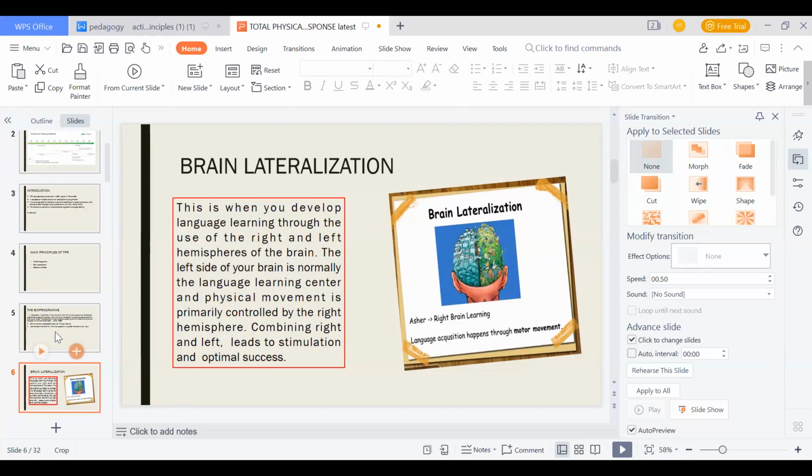Because the left hemisphere is for language learning, the right hemisphere is for physical activities. So you learn the language through physical activities, then the two hemispheres are combined. Once the two hemispheres are combined, it leads to better language learning. That is what is meant by brain lateralization. Understood or not understood?